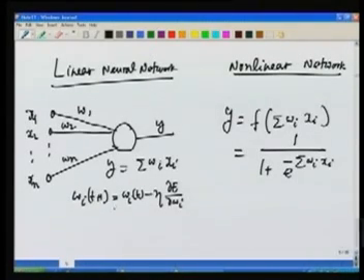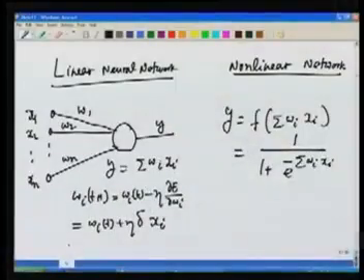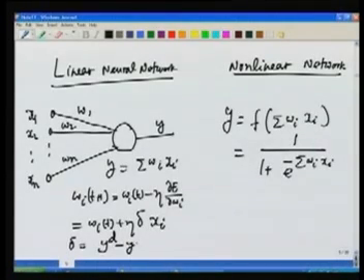So, we have already shown that for linear neural network this becomes plus eta delta x i, where delta is the error propagated, y desired minus y.